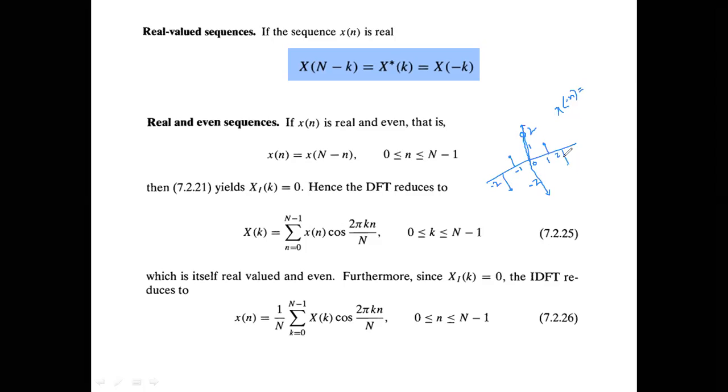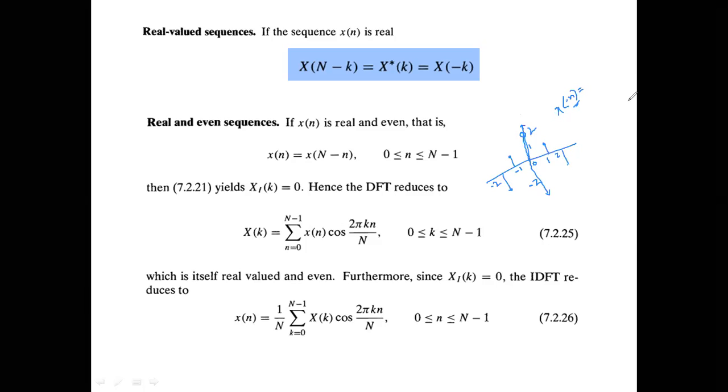If I simply take the sequence and take a reflection, then the things are the same, right? You remember this property we discussed in signals and symmetry. It's a symmetry property: if the signal is symmetric across the y-axis, the values on the left and the values on the right are the same.